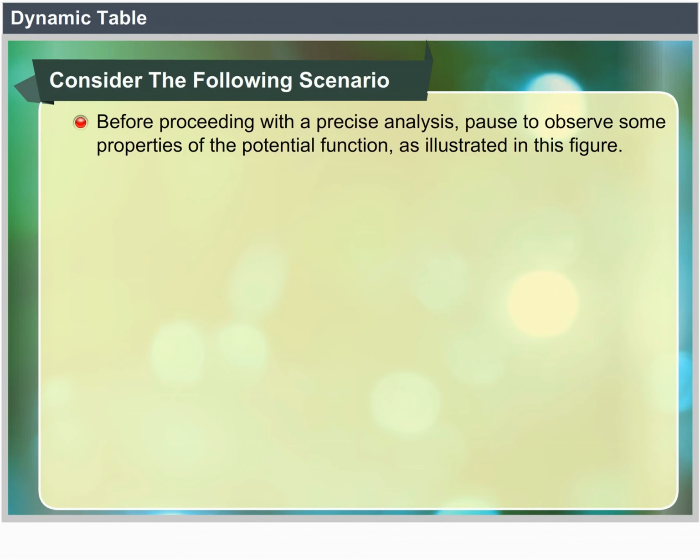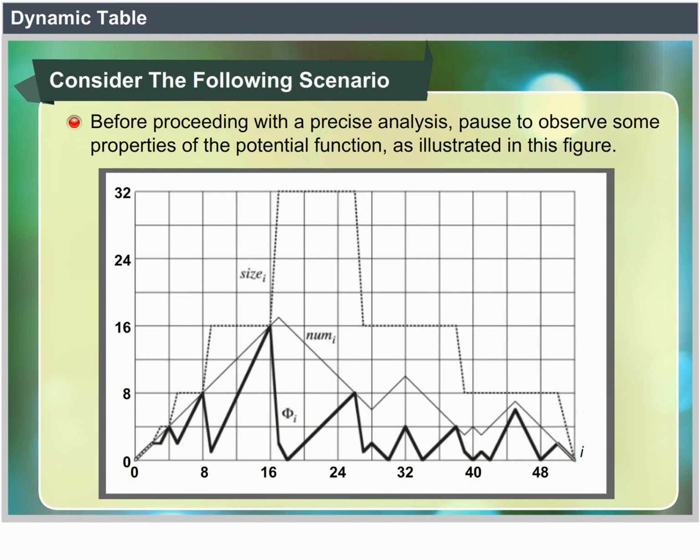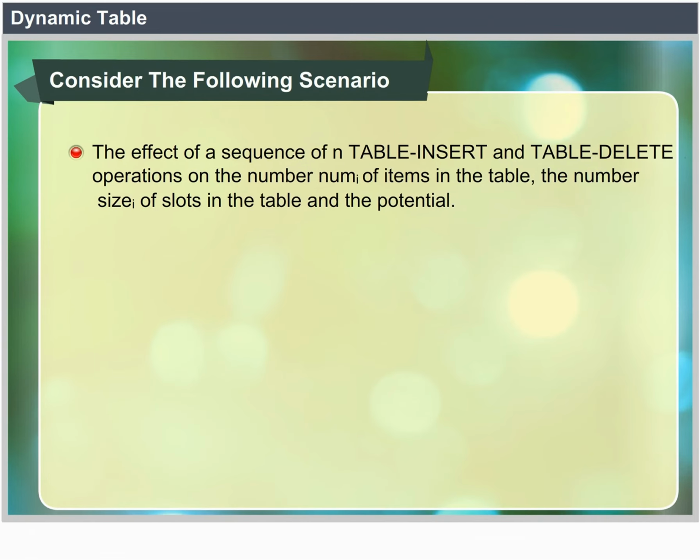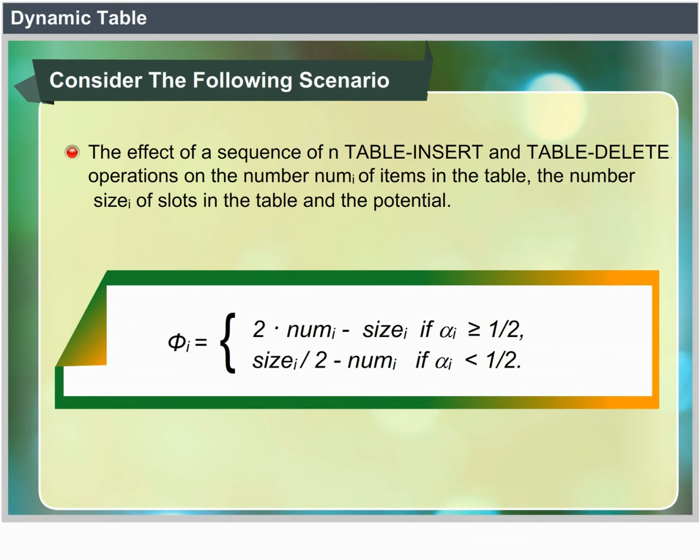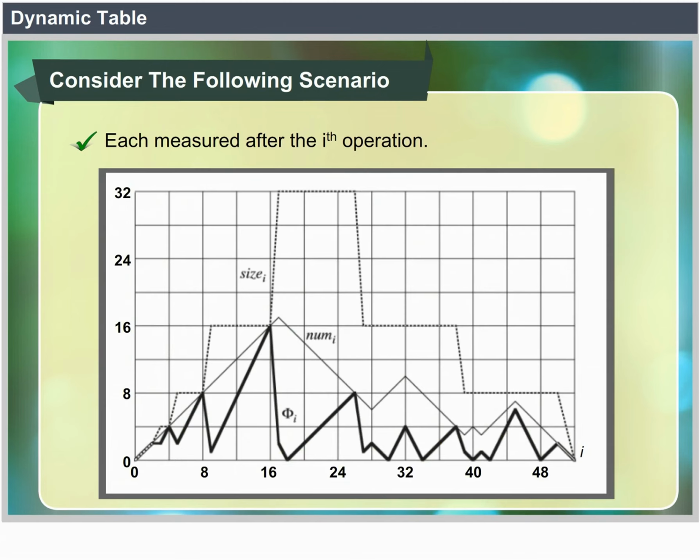Before proceeding with a precise analysis, pause to observe some properties of the potential function, as illustrated in this figure. The effect of a sequence of n table insert and table delete operations on the number num_i of items in the table, the number size_i of slots in the table, and the potential phi_i equals 2 times num_i minus size_i if alpha_i is greater than or equal to 1/2, size_i/2 minus num_i if alpha_i is less than 1/2, each measured after the ith operation.